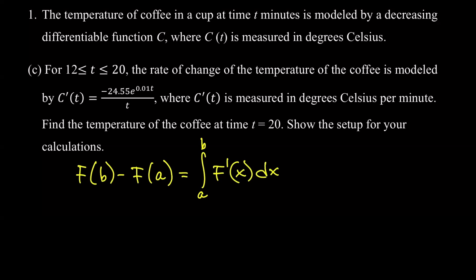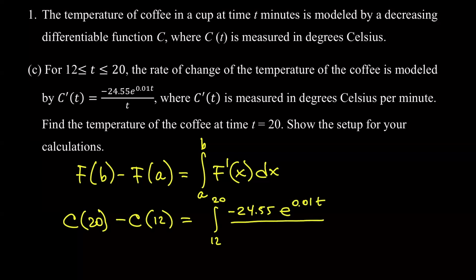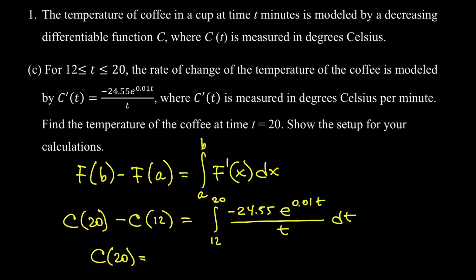In our case, c of 20 minus c of 12 equals the integral from 12 to 20 of negative 24.55 e to the 0.01 t over t dt. To calculate c of 20, we need to calculate this integral, and then c of 20 will be equal to 55 plus this integral. Let's pull out our calculators and calculate that.